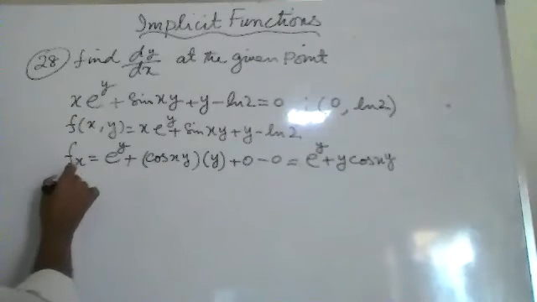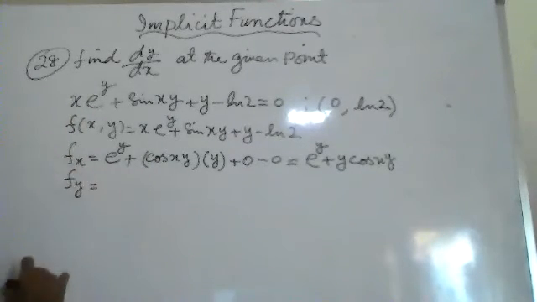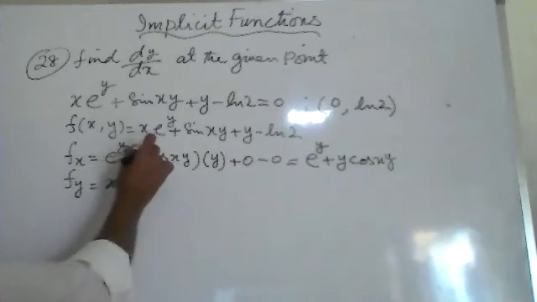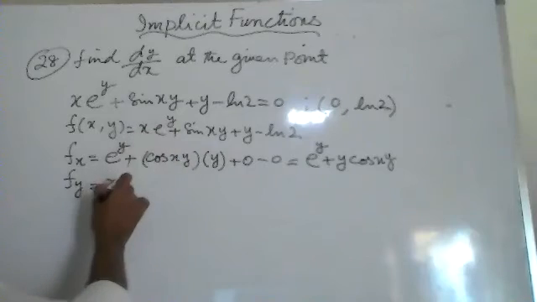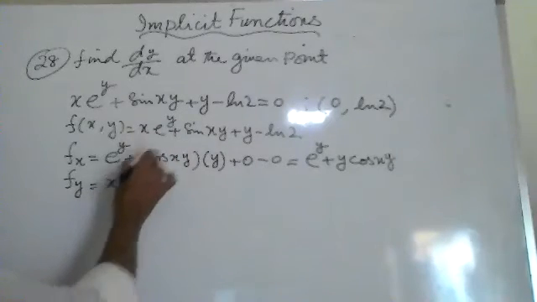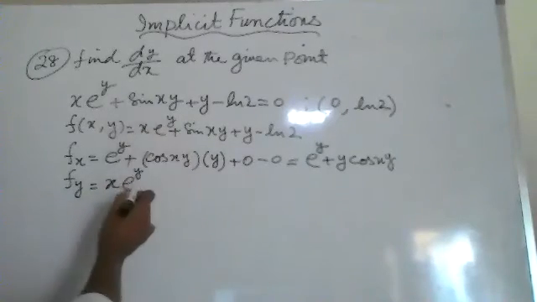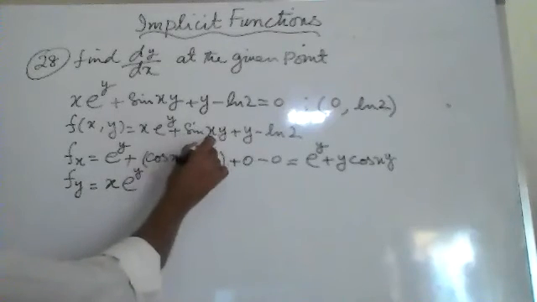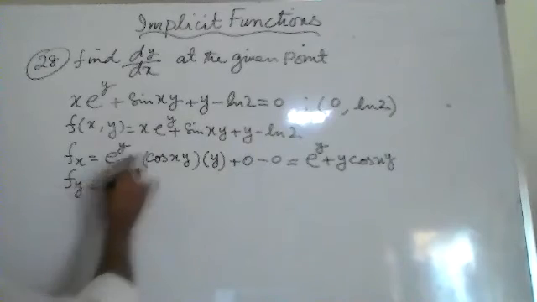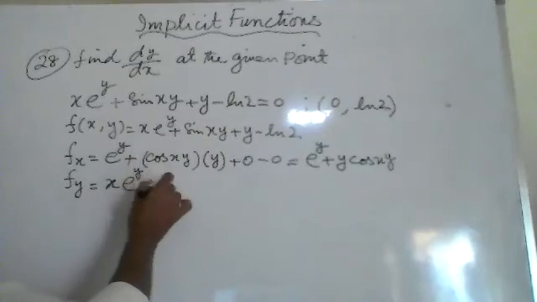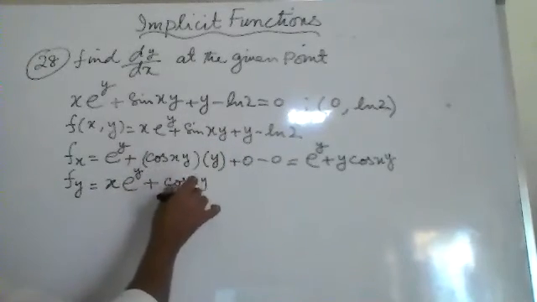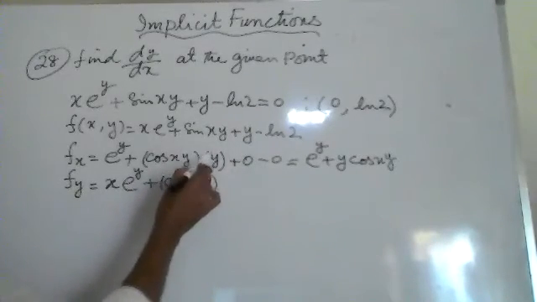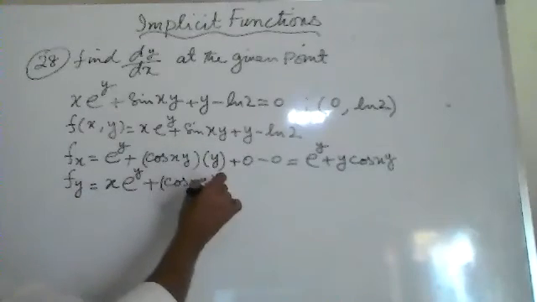In the same way, we will find f of y, where x is constant. The derivative of e raised to power y will be e raised to power y into the derivative of the power. The derivative of y will be 1, so it stays as it is. Now the derivative of sine xy with respect to y will be cos of xy into the derivative of xy. The derivative of y will be 1, so 1 into x will be x.